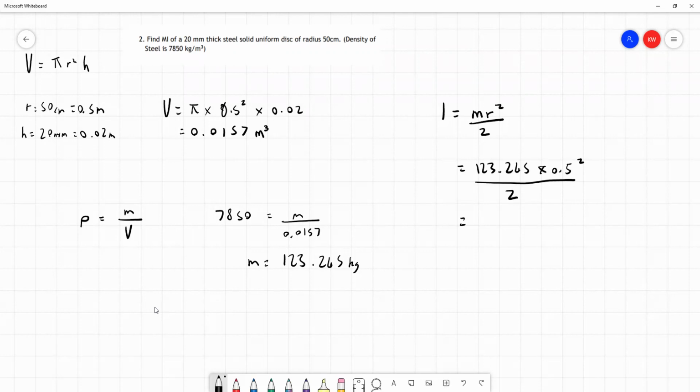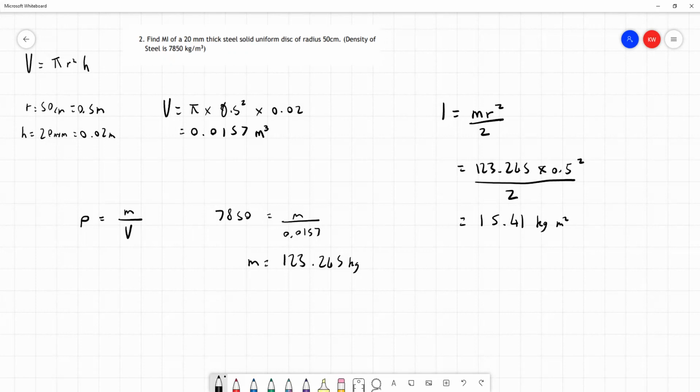We can quite happily round our answer now to get the final answer, because this is where we're going to end the question. We're rounding it to 2 decimal places, as the course notes do. We have 15.41 kilogram meter squared as the answer.